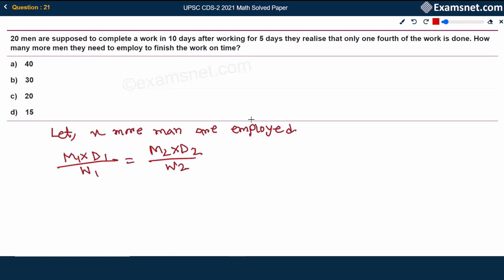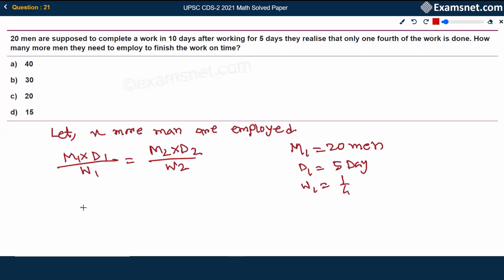Okay, first of all, here they said only 1/4 of the work is done. So 20 men in the first case, we can see M1 is 20 men, and after working for 5 days, so they took 5 days to complete 1/4 of the work. Now, how much portion is remaining after completion of that 1/4?